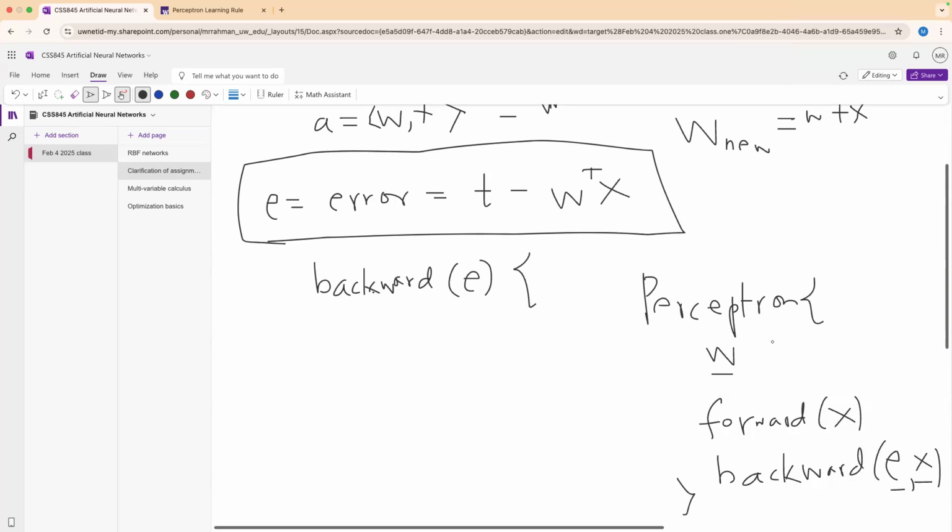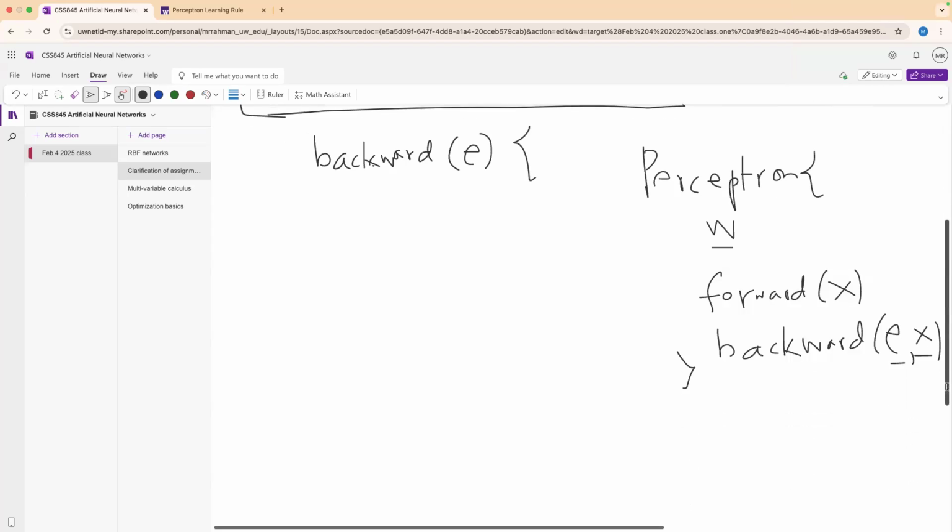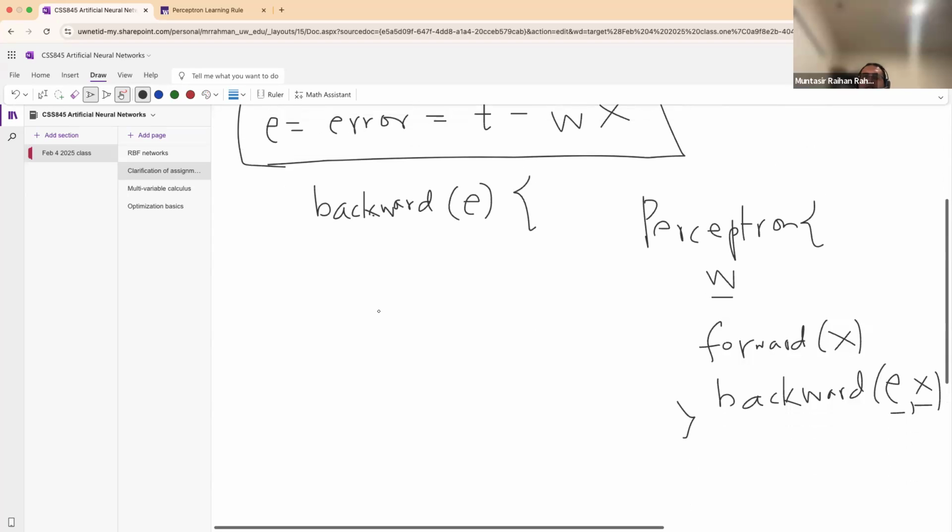That's why I'm asking: if the backward function is just inside of forward, then I wouldn't need to do that, right? Because you would always want it to update if you're doing the perceptron learning rule based off of the error. No, it should be separate. These should be two separate functions. That's how you design these things. Because if you want to extend it to a multi-layer perceptron, you would do a forward pass, and then another forward, and finally you have this final loss function, which will be like y minus y hat.